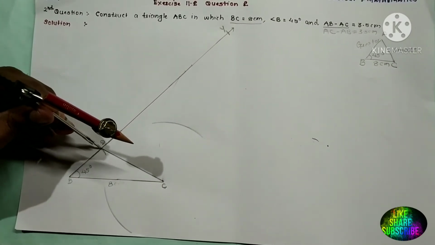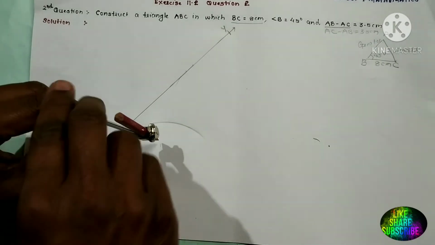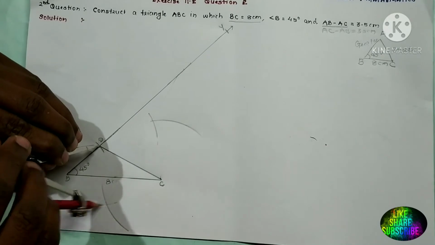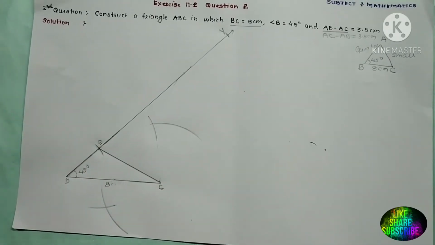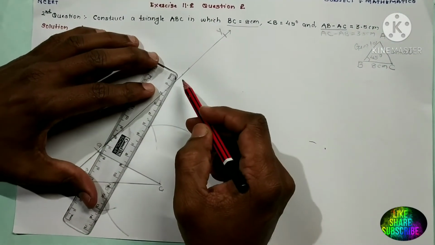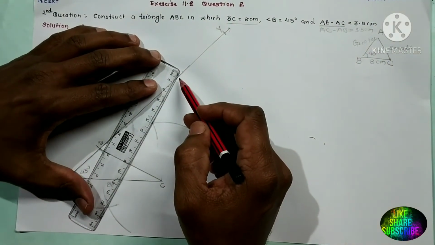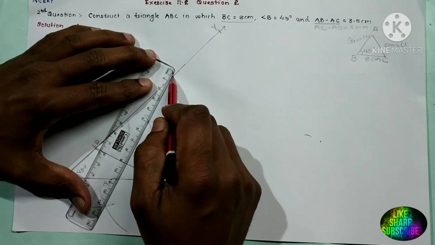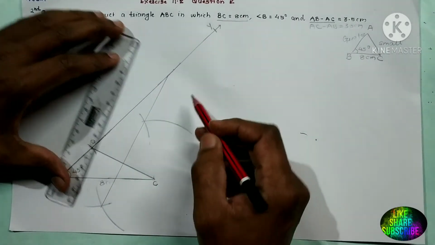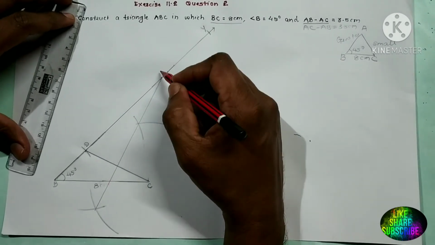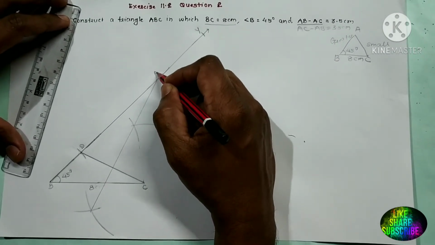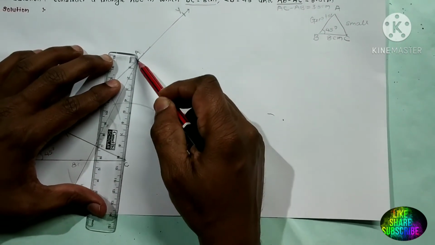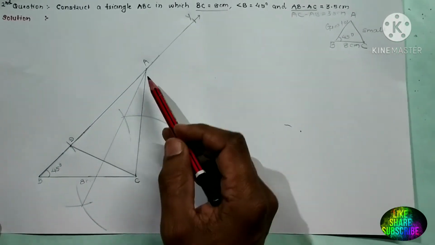The third arc you have to mark from point D. So this is the third arc, and this one is the fourth. So next you have to join these points like this. And this point give the name A, and then you have to join these 2 points A and C. So this is the required triangle ABC.